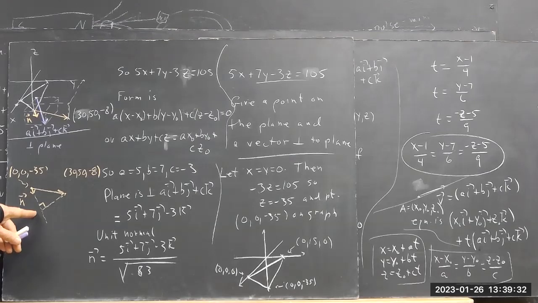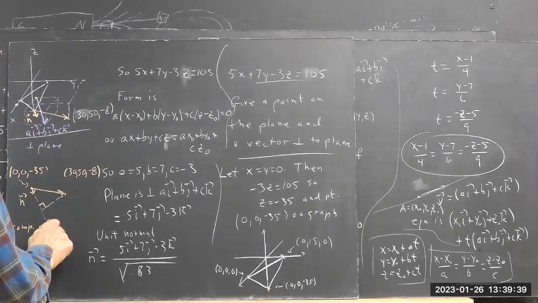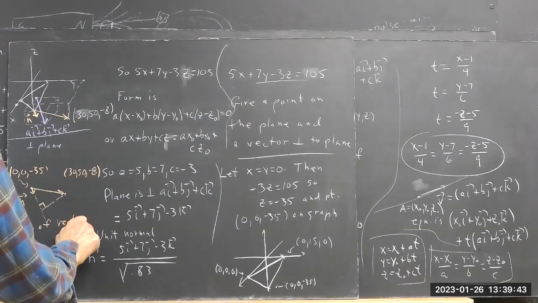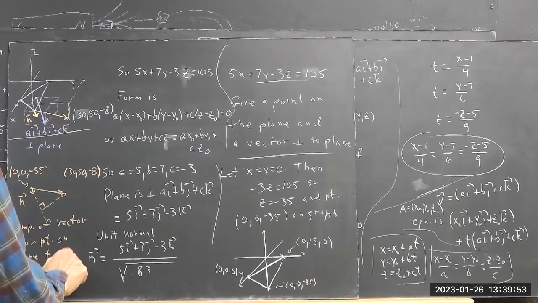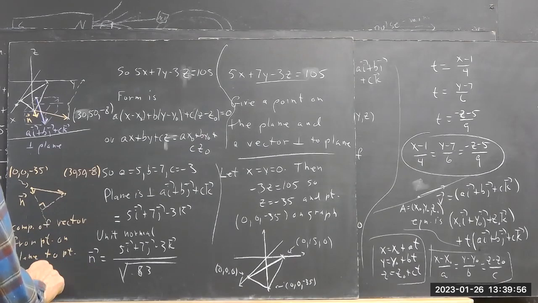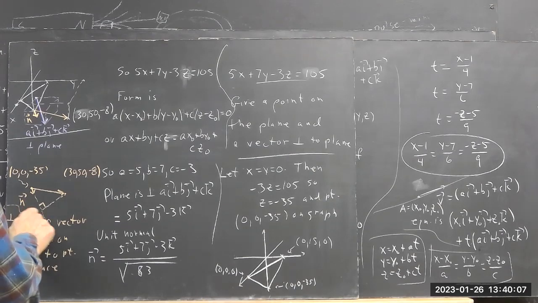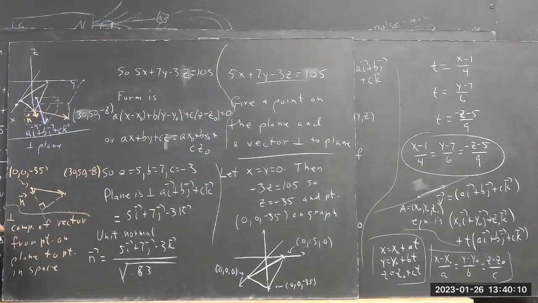I'm making an incomplete statement. I mean, the perpendicular component of the vector from the point on the plane to the point in space is the distance we're after.